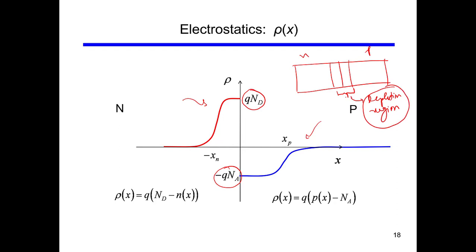That's why in the depletion region we only have ionized donors and acceptors. So this is the space charge density.